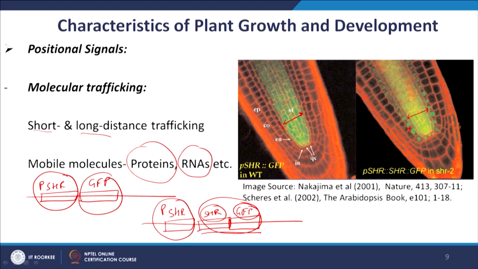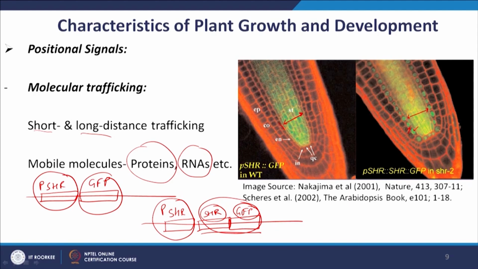So one thing is clear from here: there is protein mobility. The short root protein which is synthesized in the vascular tissue is moving to the endodermis, because in the endodermis transcription is not happening. The endogenous gene is not getting expressed, but the protein is present.